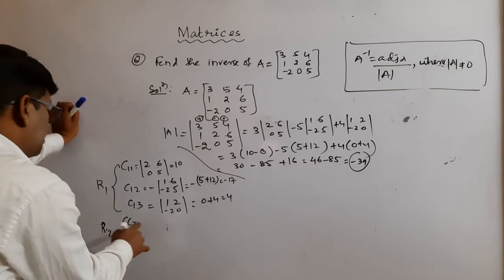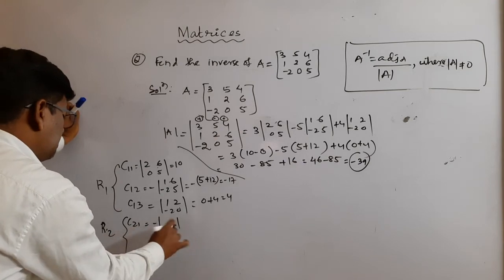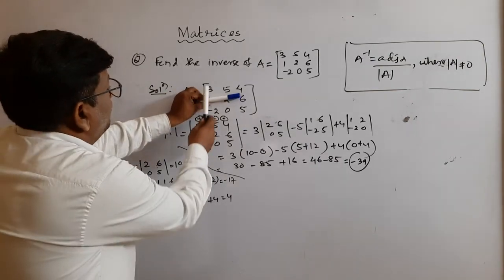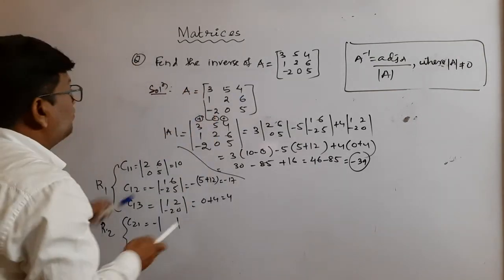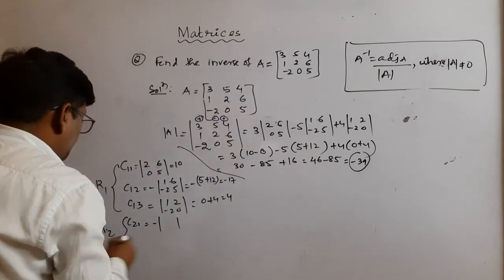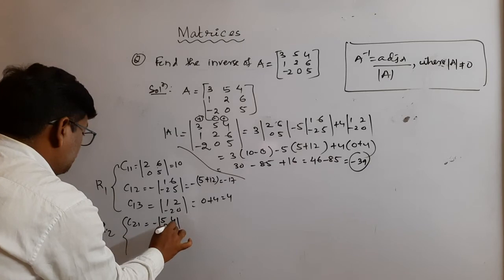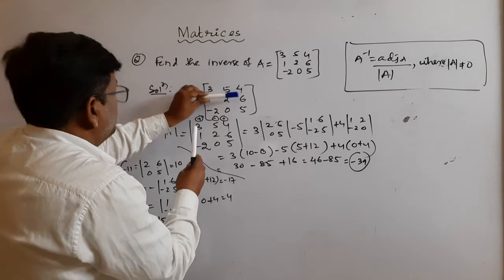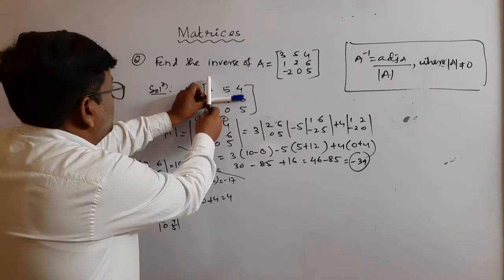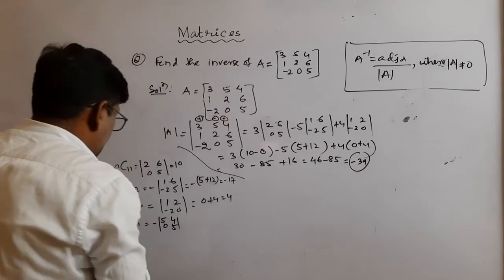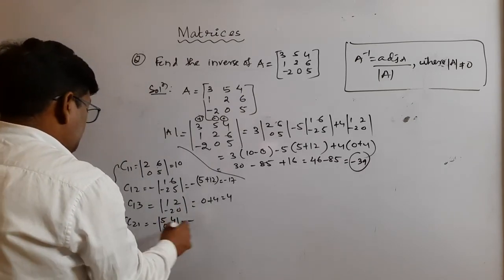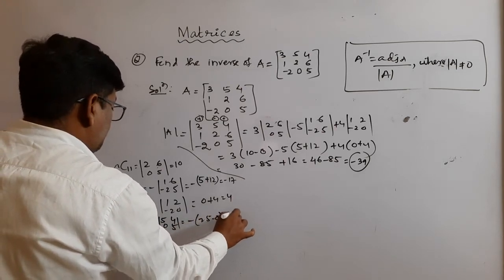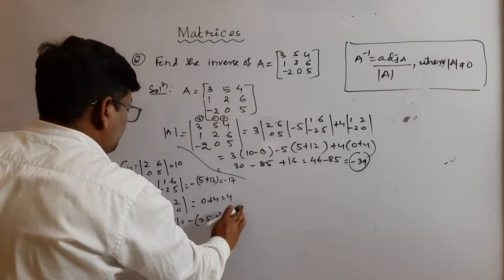C21: 2 plus 1 is odd, so put a minus, then the determinant symbol. C21 is second row, first column: 5 4 0 5. This cancels here. So minus 25 minus 0, so minus 25.